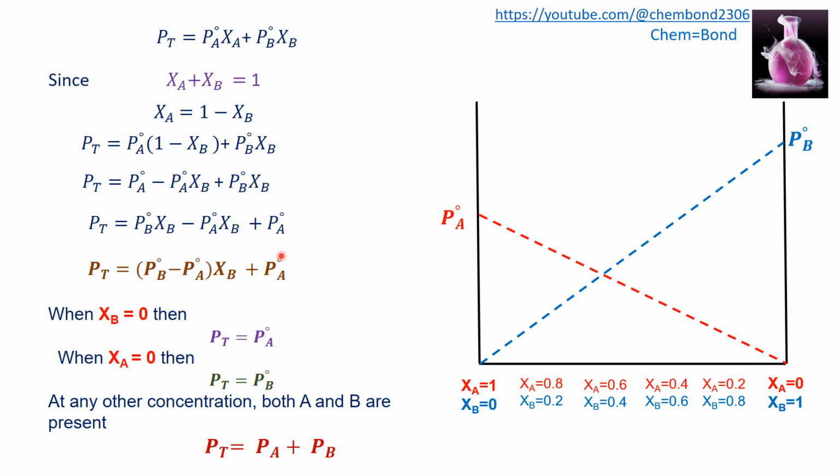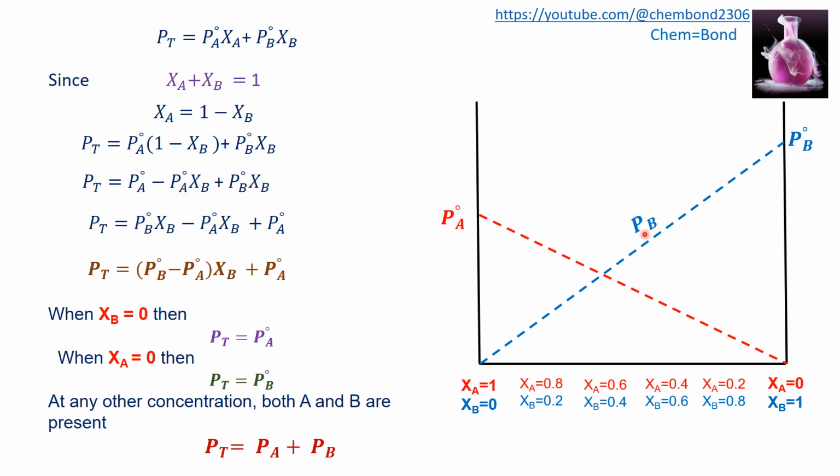So here we will get P naught B, and we will get here XA. So when this XA is 0, all these terms will be 0 and PT, that is total pressure, will be equal to P naught B, because in case of XA over there, this term will be P naught B. So we will get P naught B as total pressure.